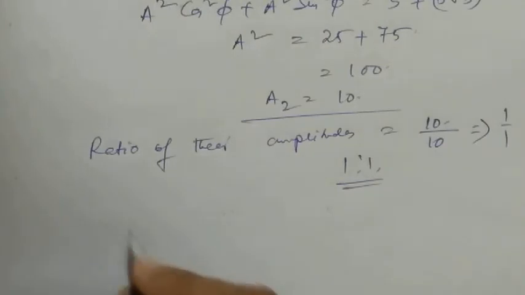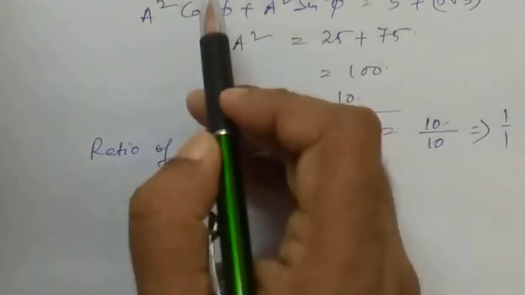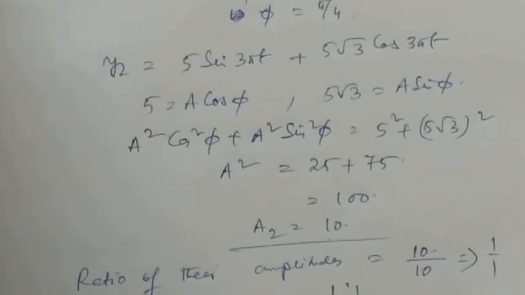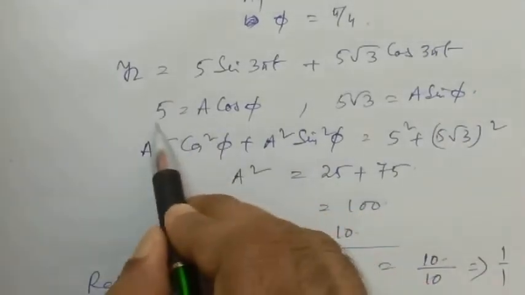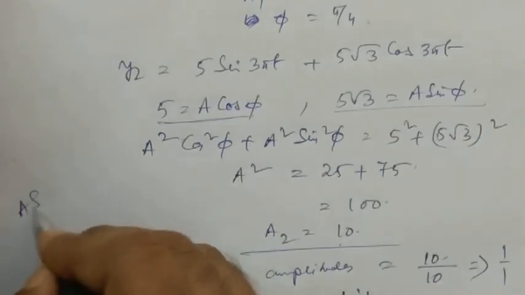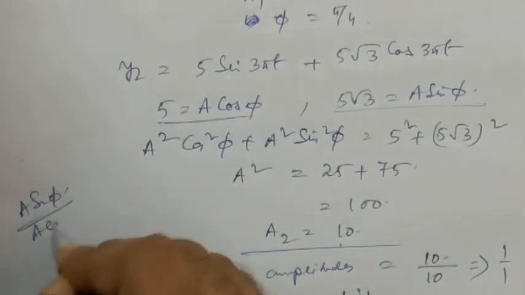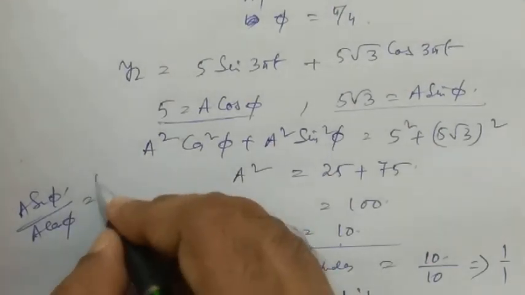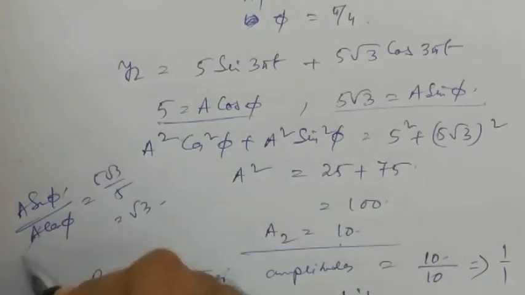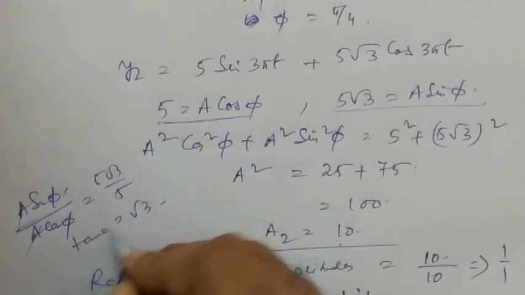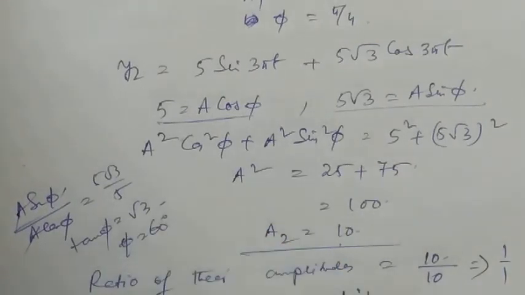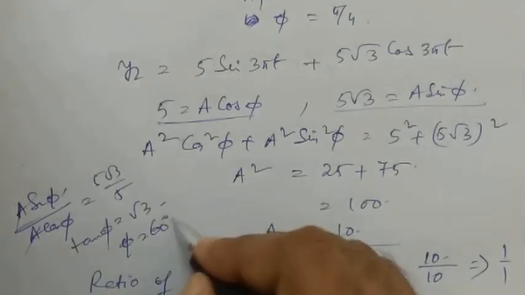Now the phase difference. When you have found out the value of A2 as 10, we can also find out the value of phi, because if we divide these two, A sin phi by A cos phi means 5 root 3 by 5, so A cancelled, tan phi is equal to root 3, so phi is equal to 60 degrees or pi by 3.